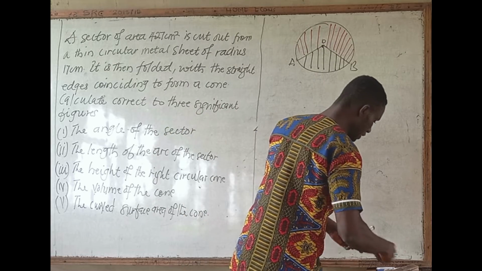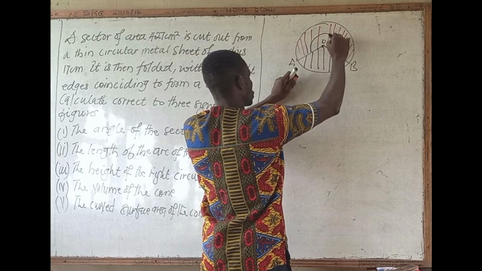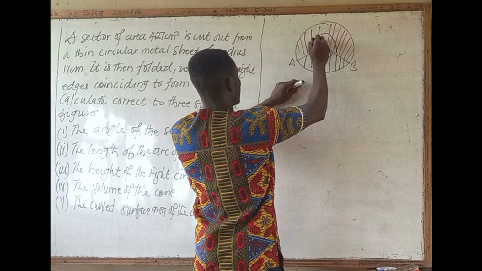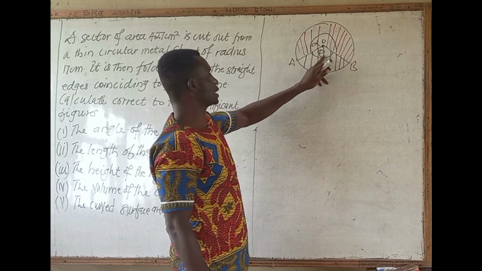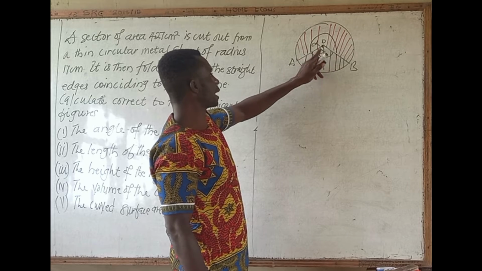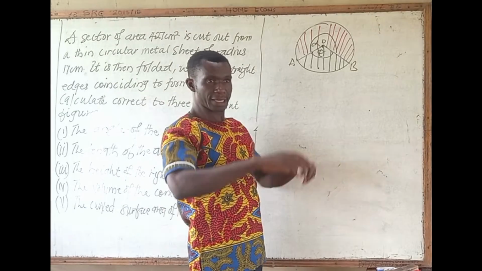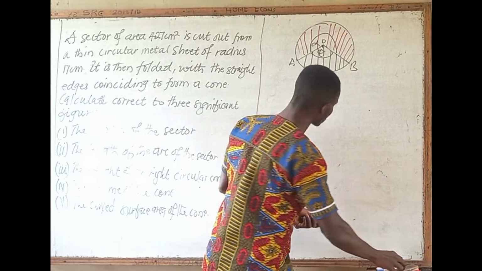So what the question is saying is that let's pick this top one. This one has an angle. The angle here is alpha, the angle here is theta. The relation between the angle alpha and theta is that theta plus alpha should be equal to 360 degrees, because a circle has a total angle of 360 degrees.